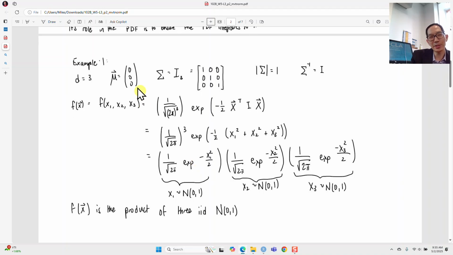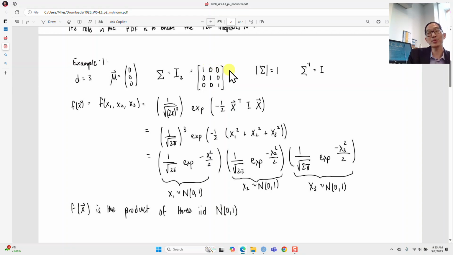So here's an example. If you have a diagonal variance matrix, then the diagonal variance matrix means there's no covariance terms and everything is just independent of each other, right? So x1 is independent of x2, which is independent of x3, because we have no covariance terms.